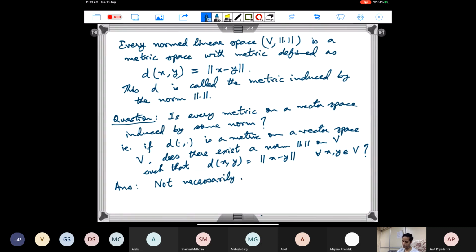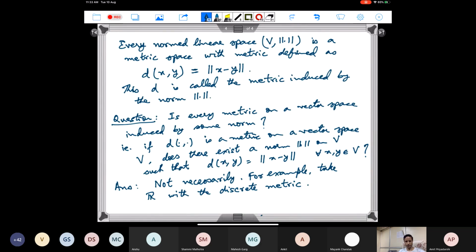So for example, take R with the discrete metric, and then you can see that this is not true.